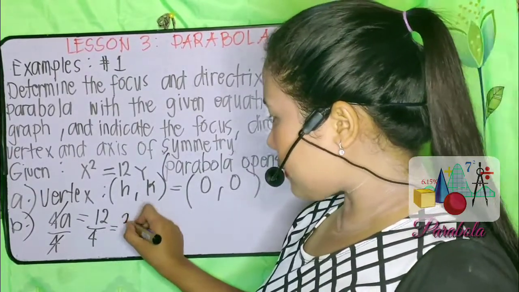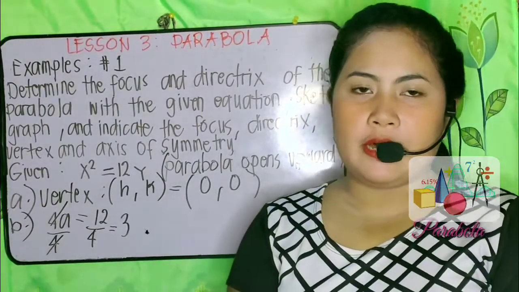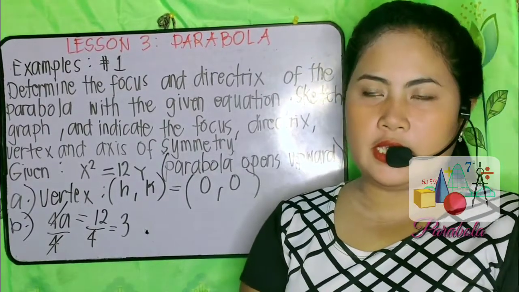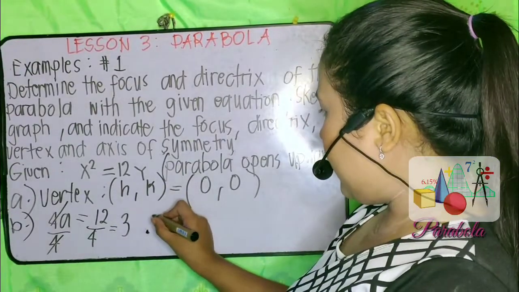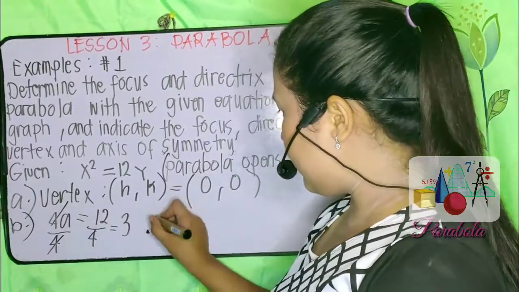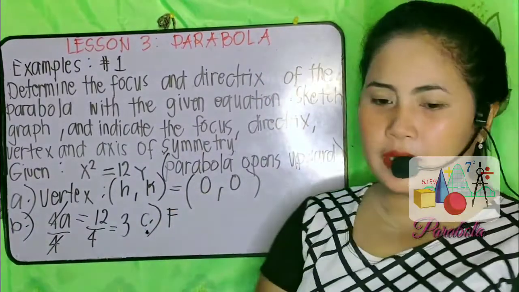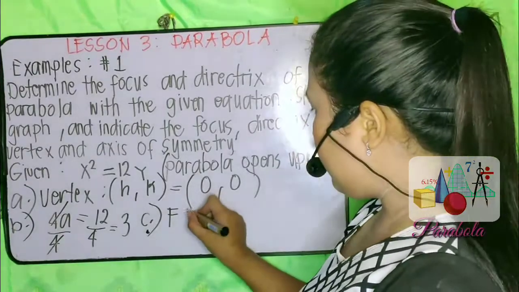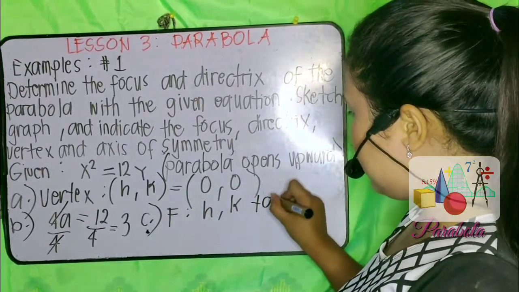Since we already found the value for a, we're going to use the formula for focus. Okay, so hanapin na po natin yung focus. The formula for focus is (h, k plus a).